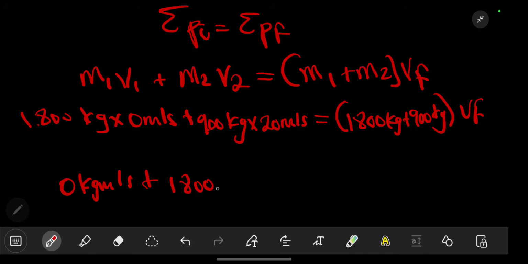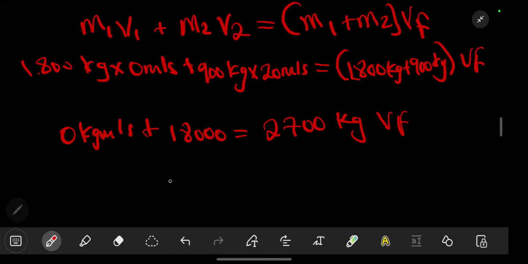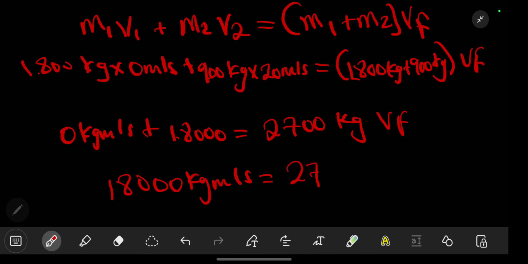So 18,000 kg meters per second should be equal to 1800 plus 900, which gives us 2700 kg, times V final.